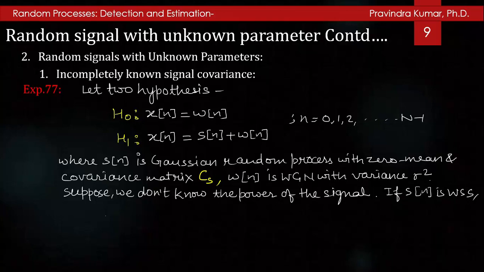If Sn is a wide sense stationary process, then the autocorrelation function RSS0 will be the expected value of S square, the mean square value of the signal. From the property of the autocorrelation function, RSS0 will be equal to the expected value of S square n.